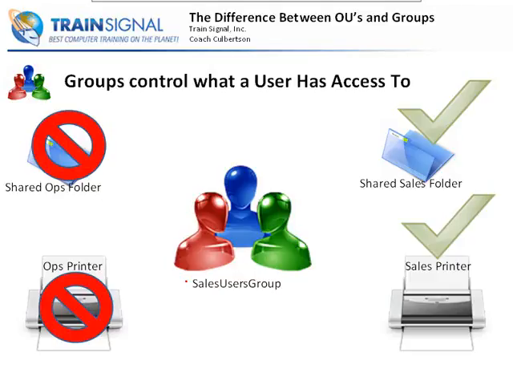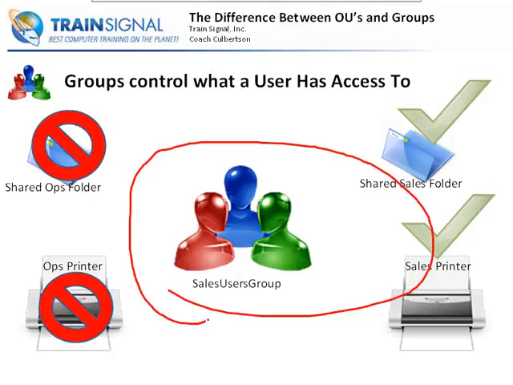But also when it comes to dealing with sensitive documents, you don't necessarily want one department reading what the other department has, especially if that department is human resources, and the human resources department has a document containing everyone's salary information and all that other good sensitive stuff we have to be concerned about. So again, OUs organize and control what users can do. Groups control what resources a user has access to, or really a group of users has access to.